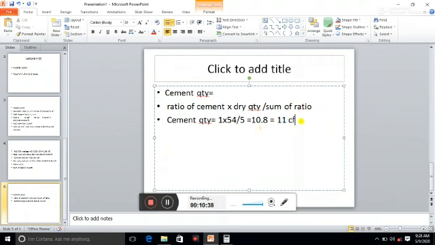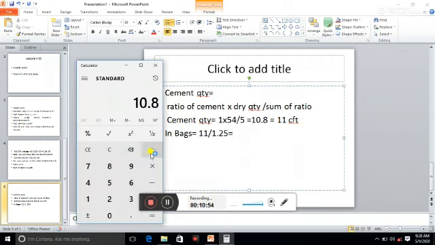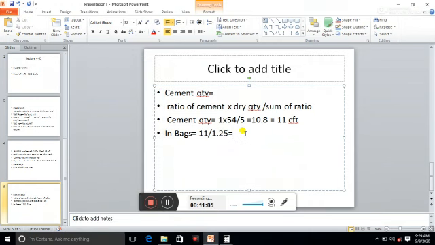And now in bags, we will divide 11 by 1.25. It will give 8.8, means 9 bags of cement. Okay, 9 bags of cement.